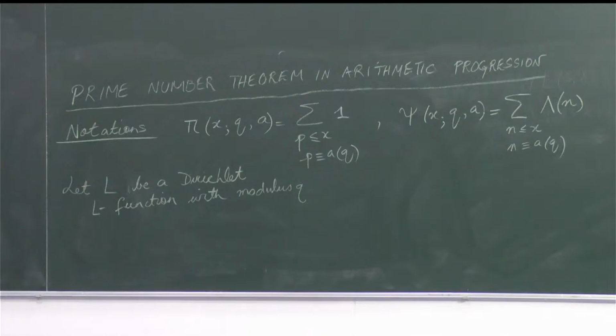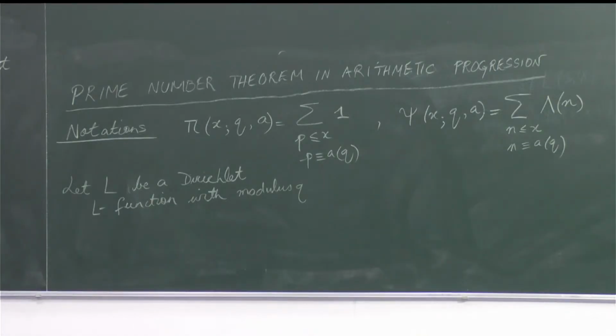So I want to recall things that you already know. If a and q are co-prime, this condition is to make the definitions consistent. So we always have a and q co-prime. And then you know how we get a linear combination of characters. I'm just writing them out, though we have seen them before.